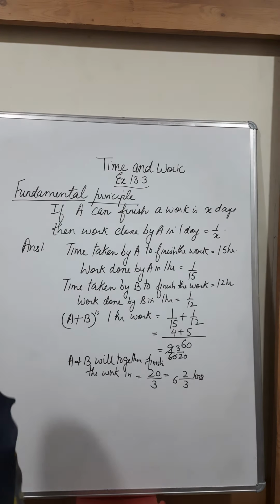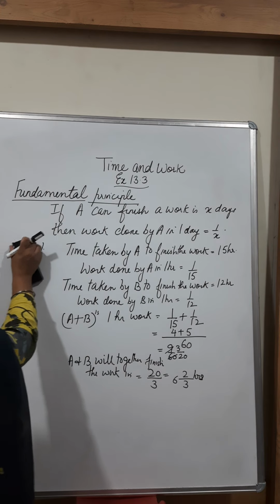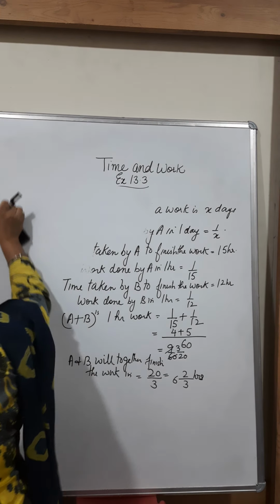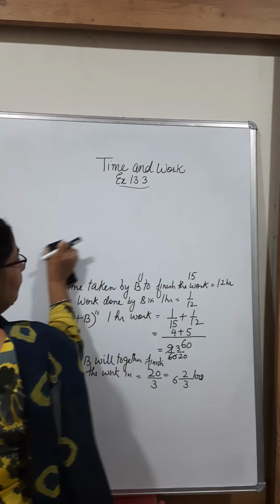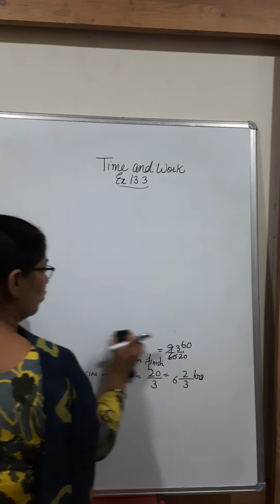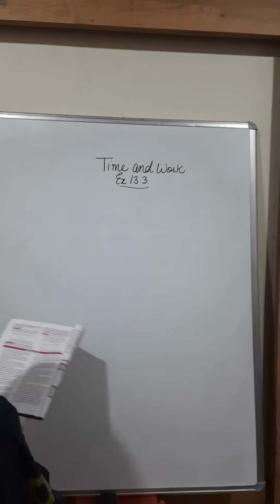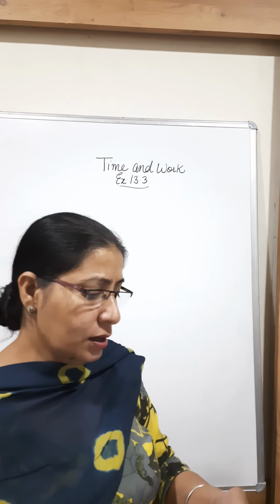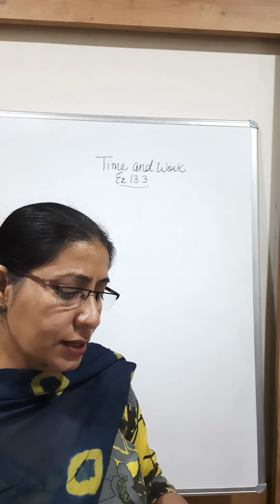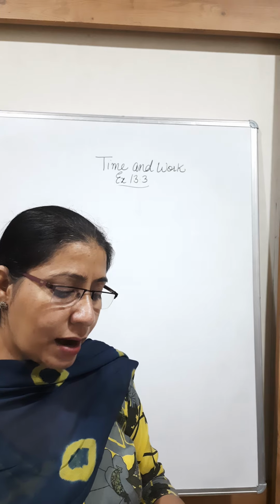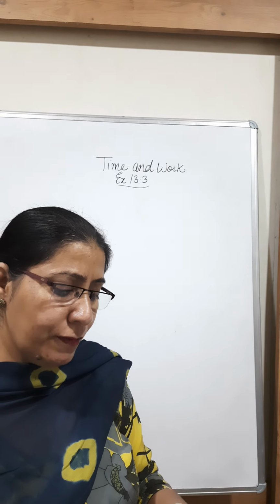Now see the third question. In the third question he says that if Raju and Sanju work together, they overhaul a scooter in 6 hours, and Raju can alone do the job in 15 hours.